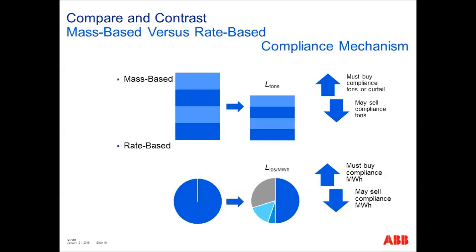All right, so we have a strict limit in tons, and our system will have to be below that limit. And of course, if we are over the limit, we will have to buy compliance tons or curtail our generation. And if we're under the limit, then we may sell compliance tons.